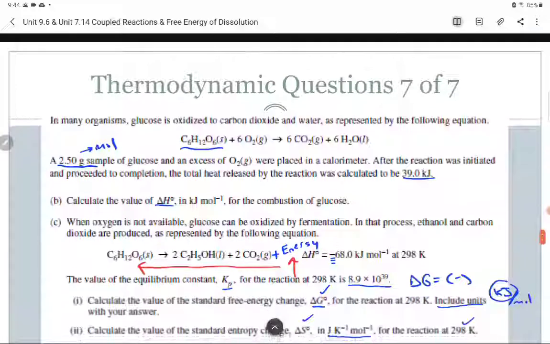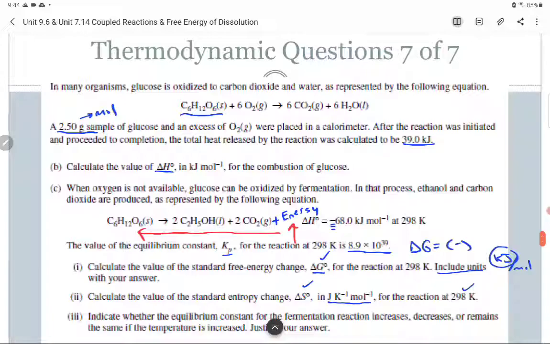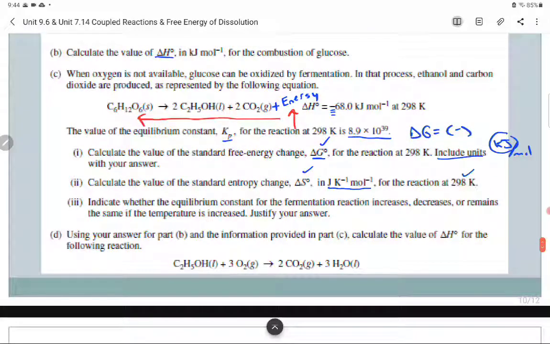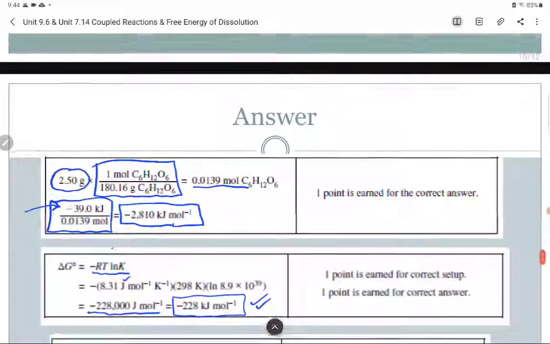So I think this is going to be a Hess's law kind of question. We have a delta H for that first reaction that we calculated in part B. We were given a delta H in part C. So we're going to use those two delta H's to get part D.